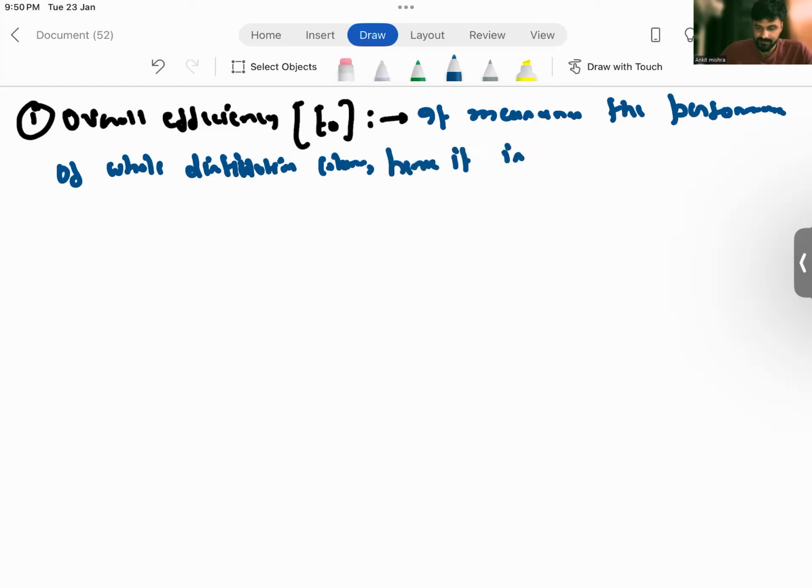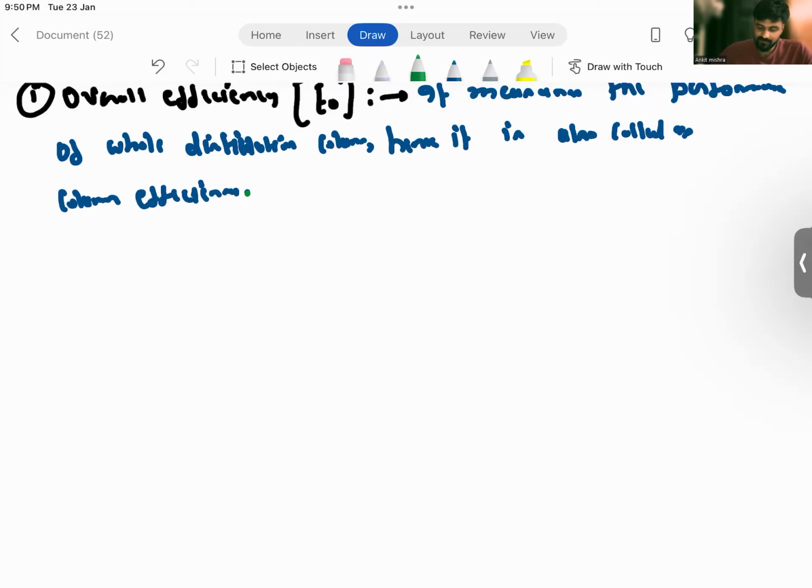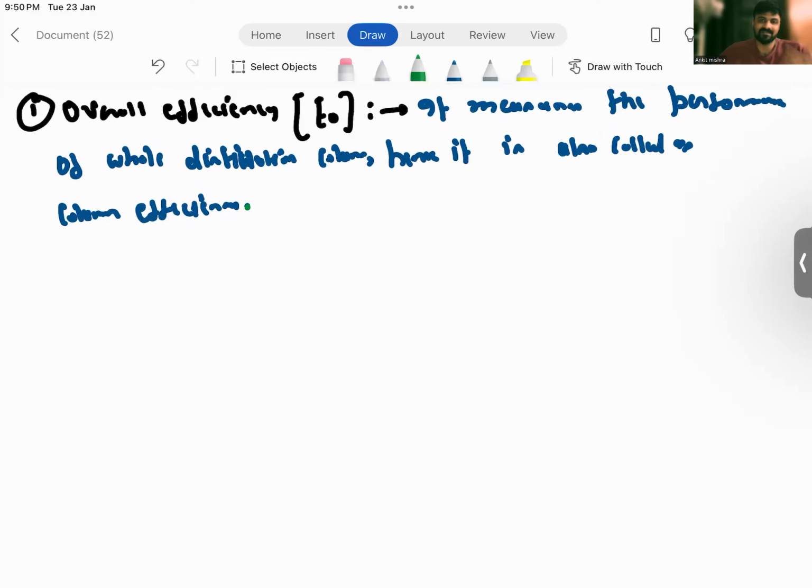Hence, it is also called the column efficiency.